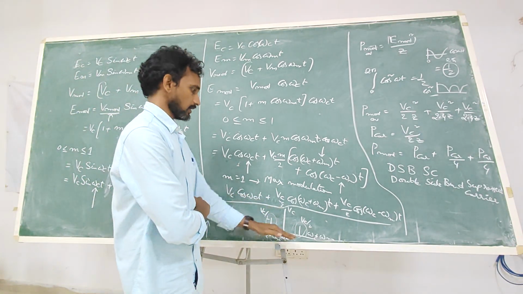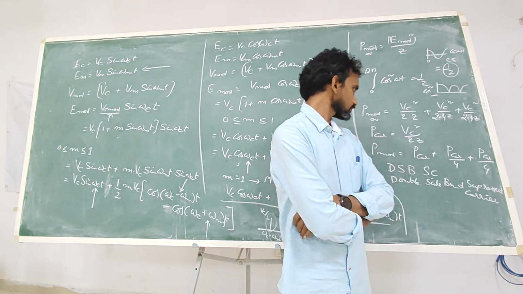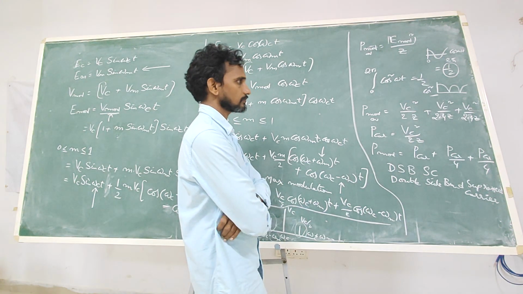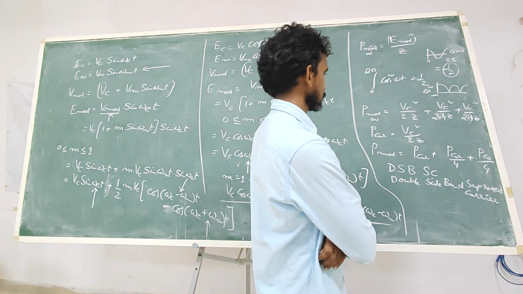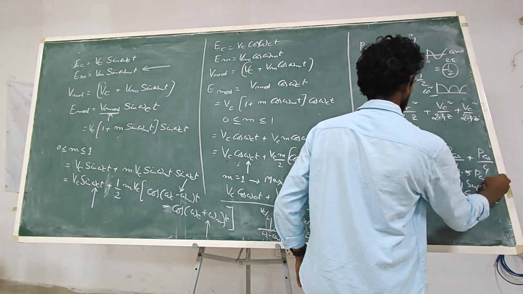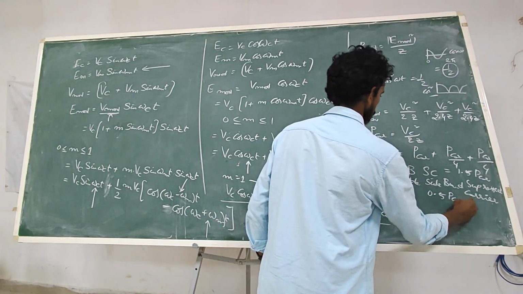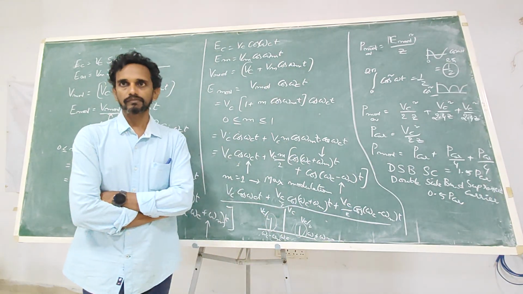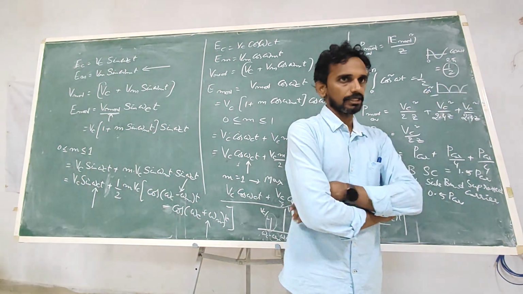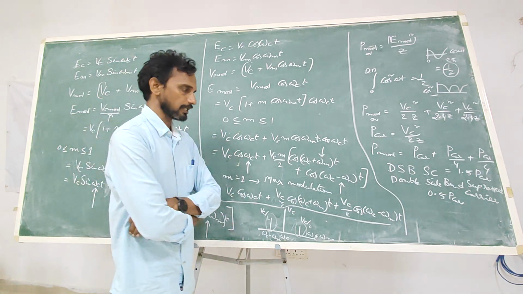Suppress the carrier and transmit only the two sidebands. If you transmit both the sidebands including the carrier, the total is 1.5 times P carrier. DSB-SC requires only 0.5 times P carrier.